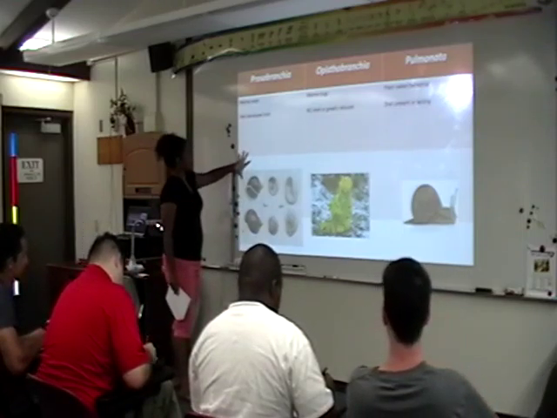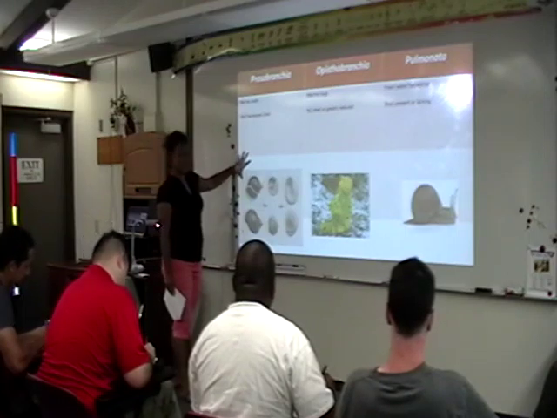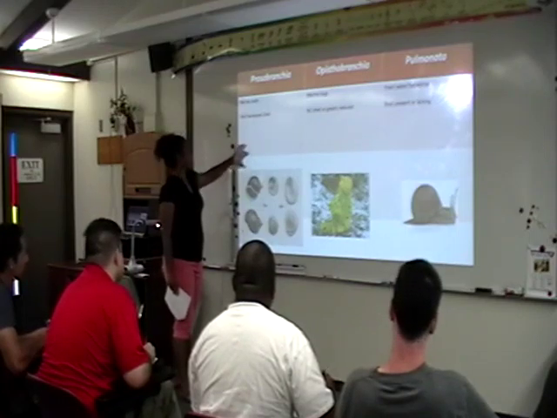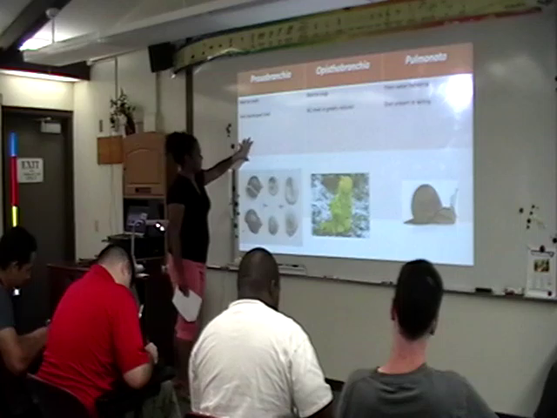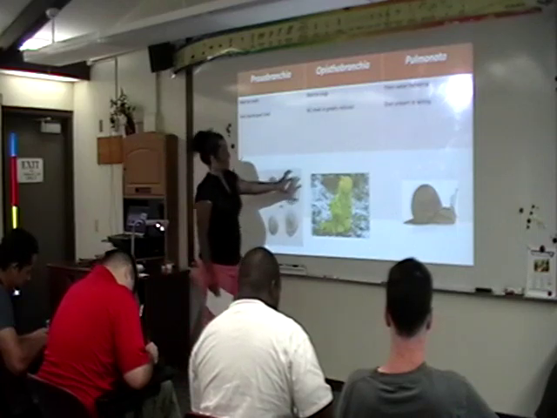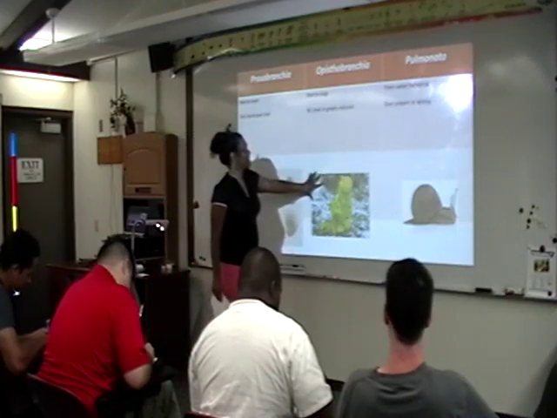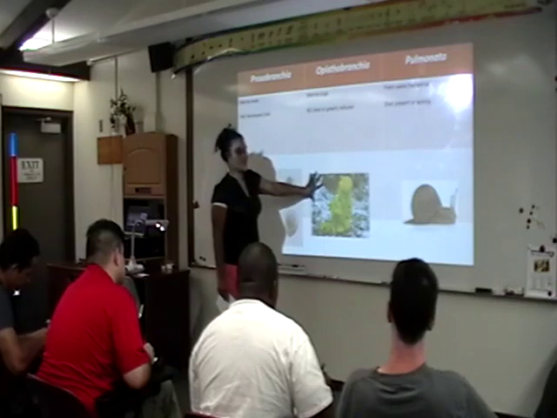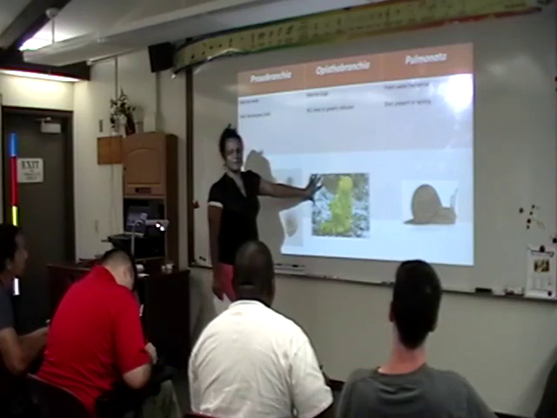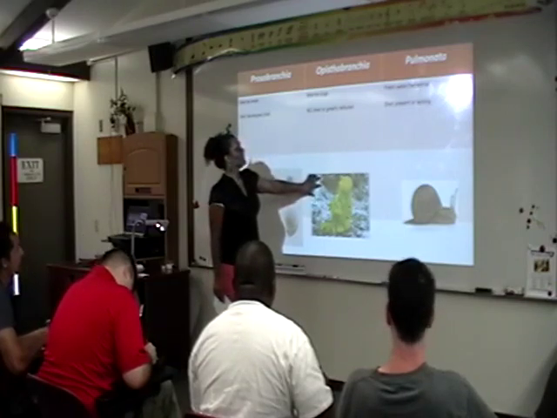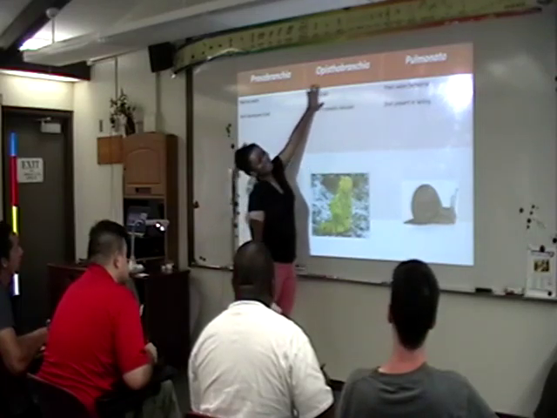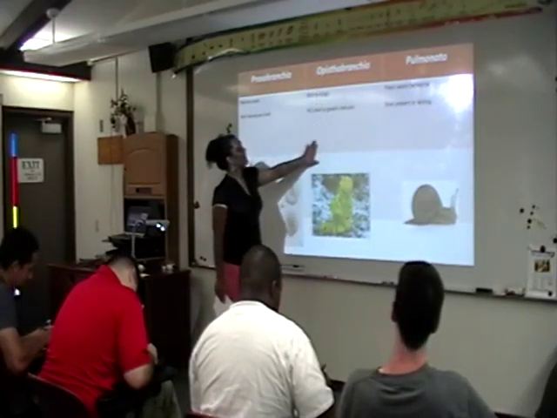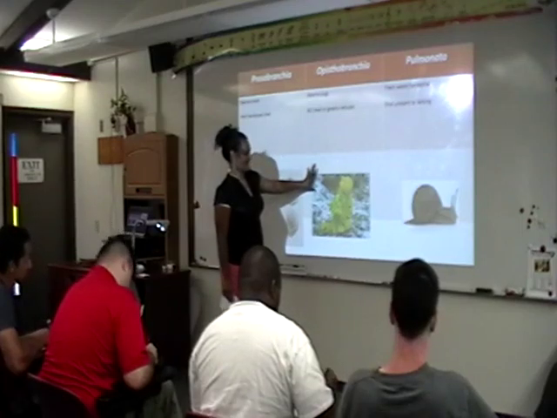Alright, so the first one, Prosobranchia, what are they? Marine snails, well-developed shell. How about what's in the marine without shell? Marine slugs. Yeah, but what's the class? Opisthobranchia.